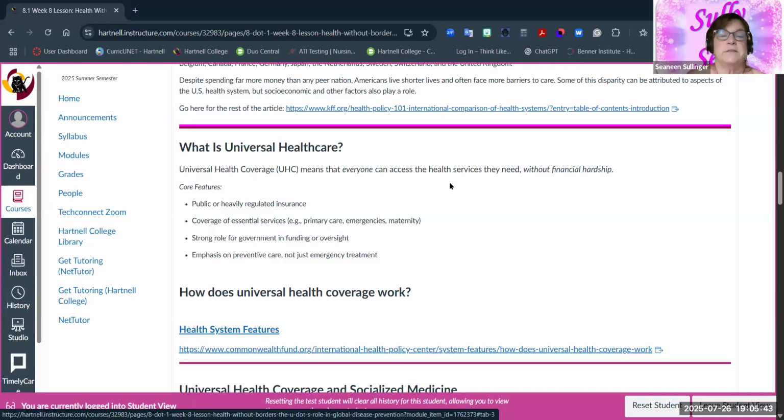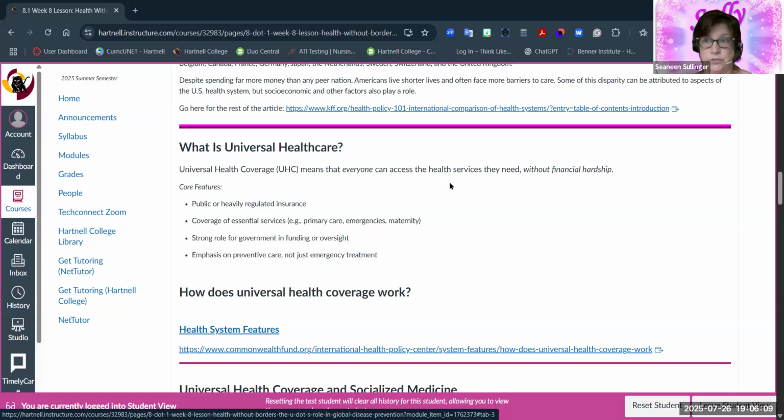That would be preventive care. And in my personal opinion, if you can expand on preventive care to keep people from getting sick in the first place, or recognize that they're sick earlier and get treatment, that would save tons of money. You wouldn't be treating them on the back end. You'd be treating them up front. I think that is a good way to do it.